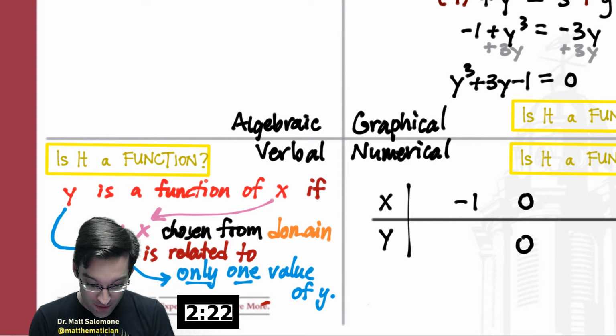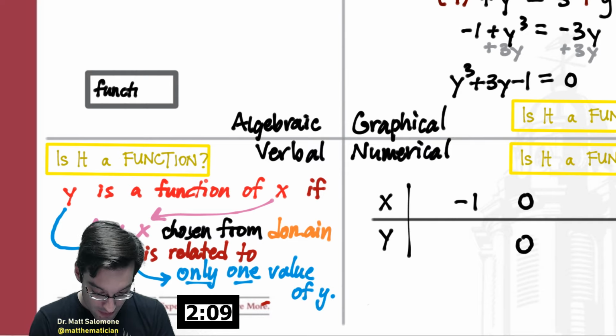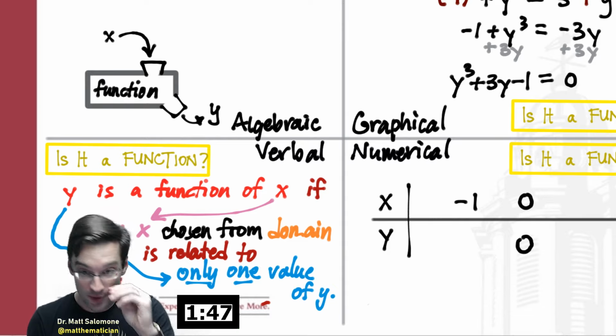Very often I think of a function as like a mechanism, almost like an input-output machine. In the input-output machine picture, I've got a function, and this machine has a little input hopper on the top here, and we put little x's, values of x, into the input of this machine, and out the other end is an output chute, and out the end of this chute come values for y, my outputs.